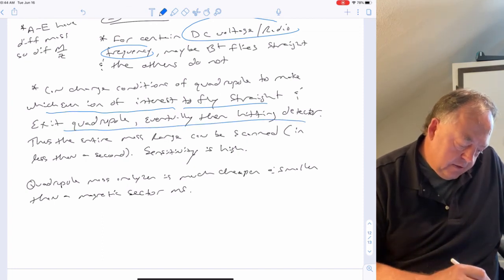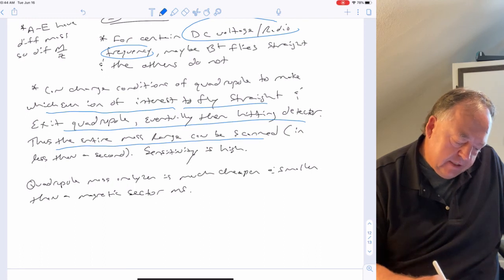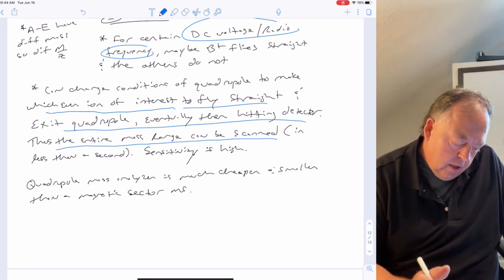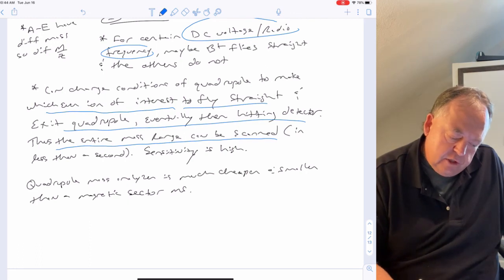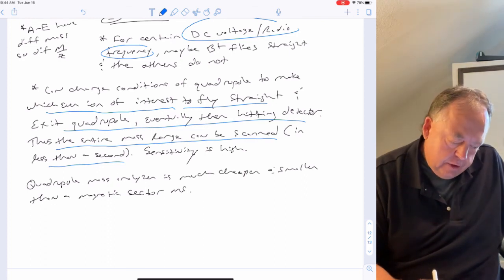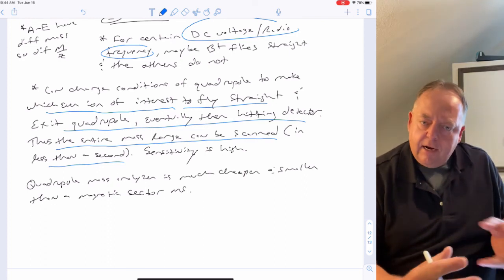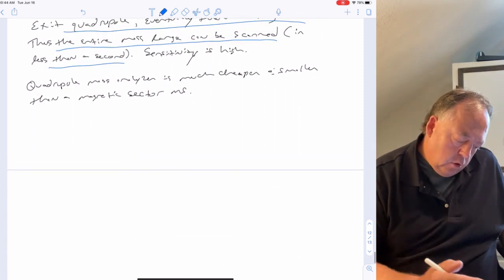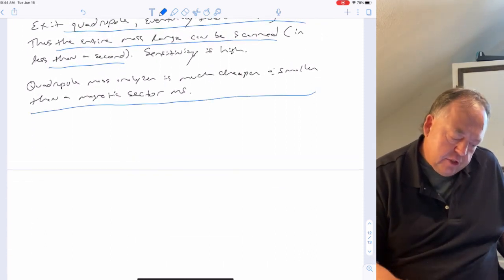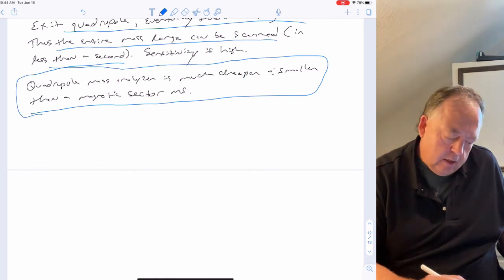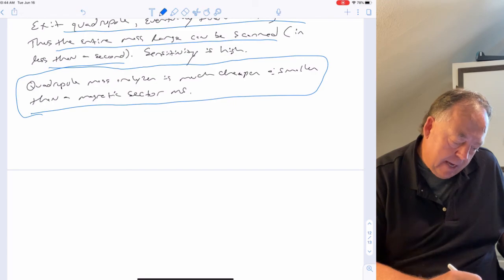So you can examine the entire mass range extremely fast just by scanning through different voltages and frequencies, and you can do that on the order of seconds. So you can analyze the entire mass range in a second. A quadrupole mass analyzer is also much cheaper and smaller than a magnetic sector mass analyzer.